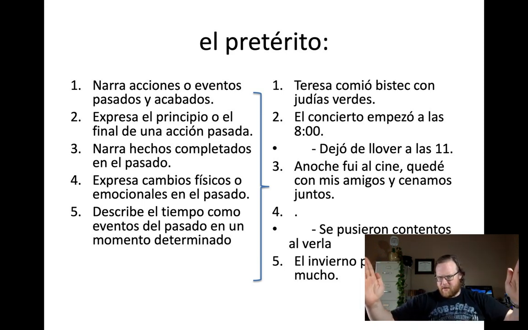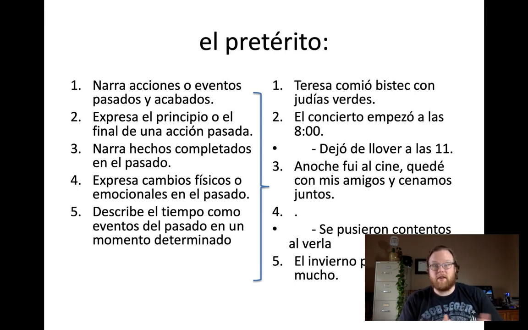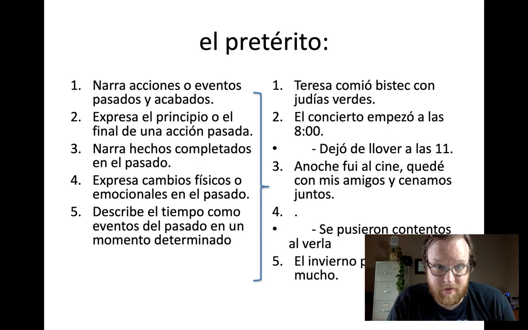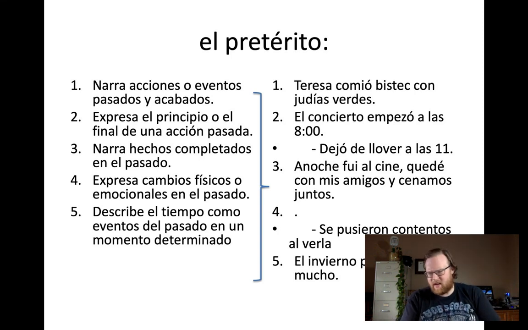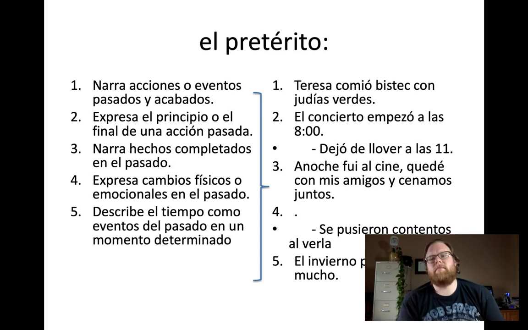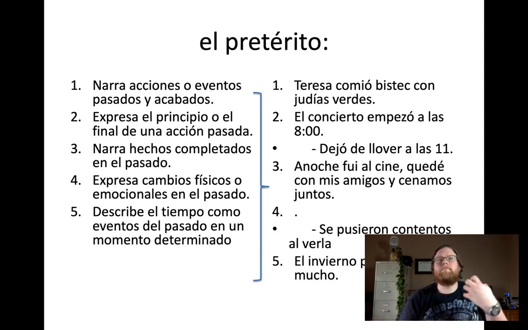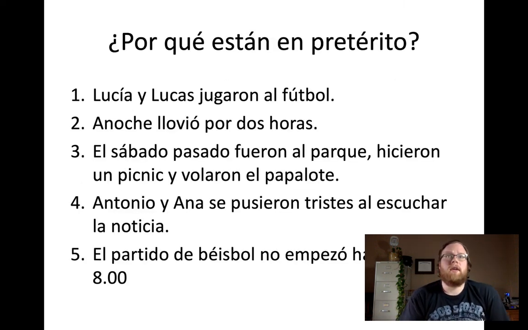That's got a clear-cut beginning and end. So last winter, it didn't rain, or excuse me, it didn't snow a lot. Que es cierto para nosotros, ¿no? I don't think it even did snow. I never touched my shovel. Entonces, el invierno pasado no nevó mucho. So those are our primary uses of the preterit.